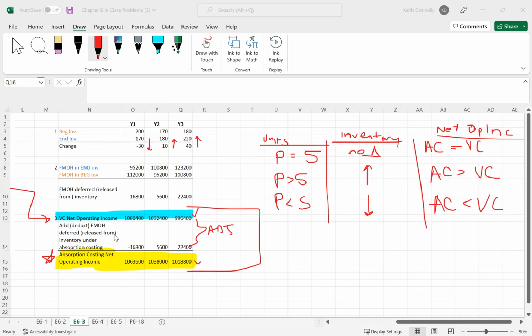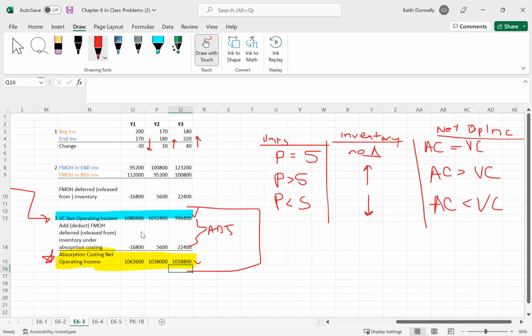Right, and this is again just showing you, if you're at 108 and the inventory went down, the idea is our absorption costing net income down here, the 106, is going to be smaller than the 108 up there. In other words, the variable costing income is going to be overstated, because we're building in that additional fixed manufacturing overhead on the balance sheet.